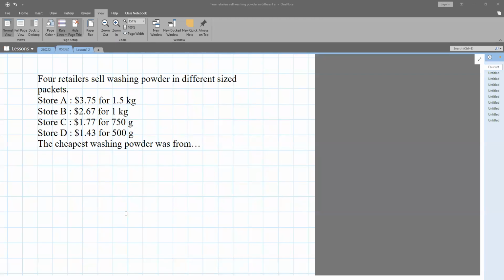All right, so this is one of the questions from your book. The question is like this. There are 4 retailers selling washing powder in different size packets. Store A, the price is $3.75 for 1.5 kilograms.